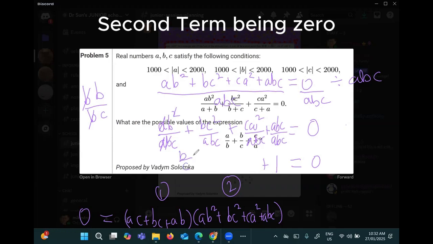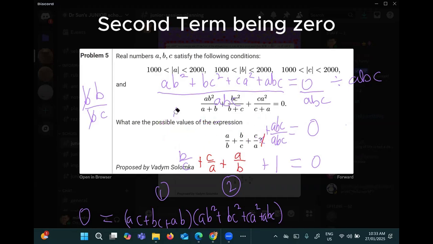Yes? Okay, what about this one? Yeah, exactly, plus C over A, right? Yeah? Okay, so you get this, yeah? I'm gonna erase this.